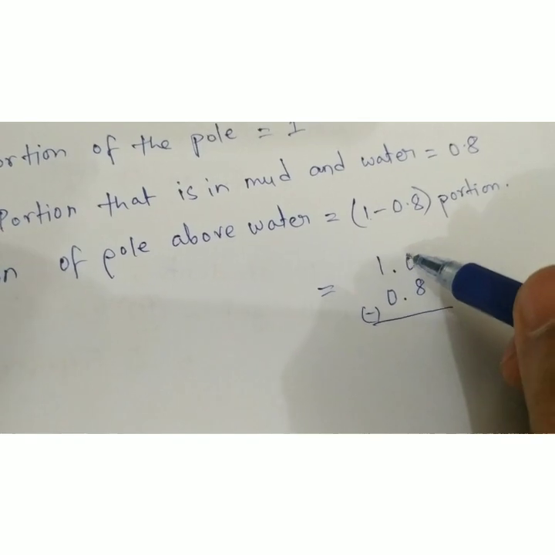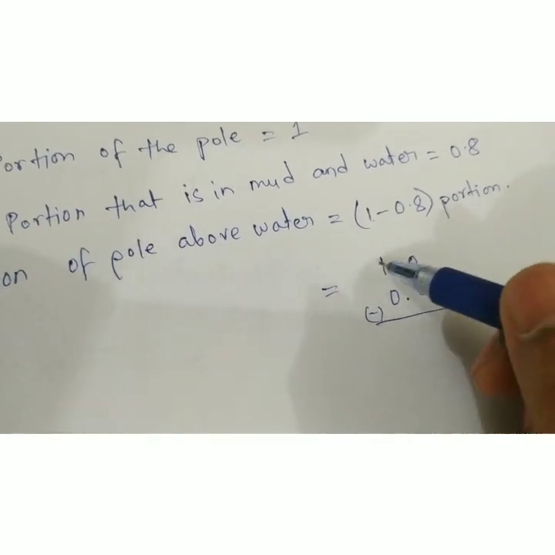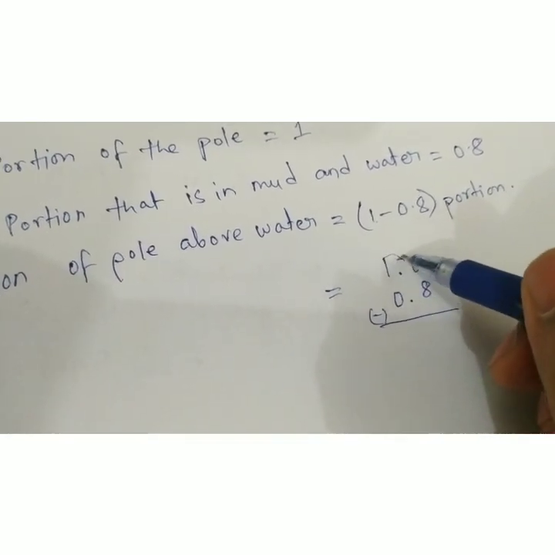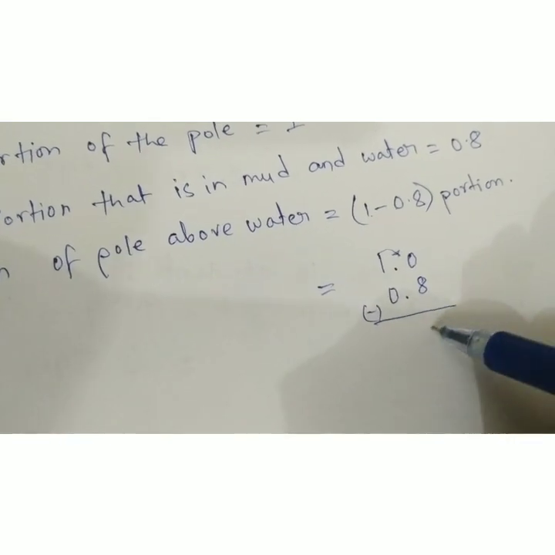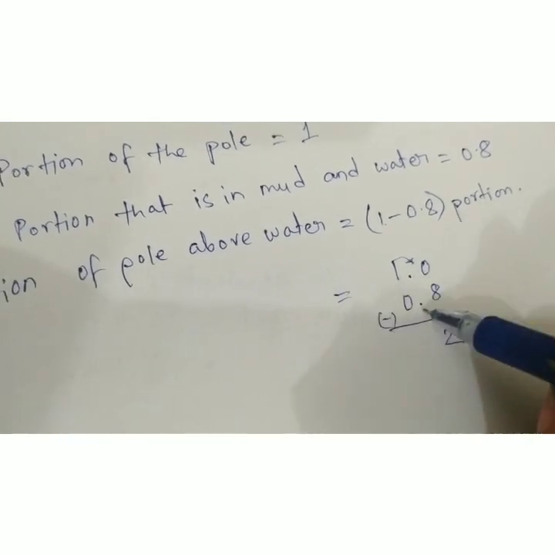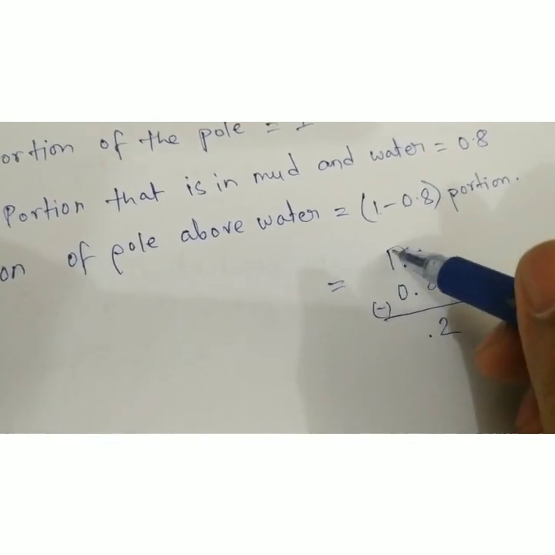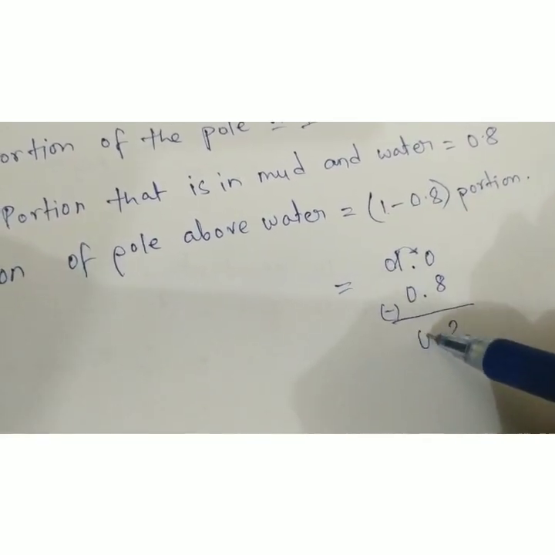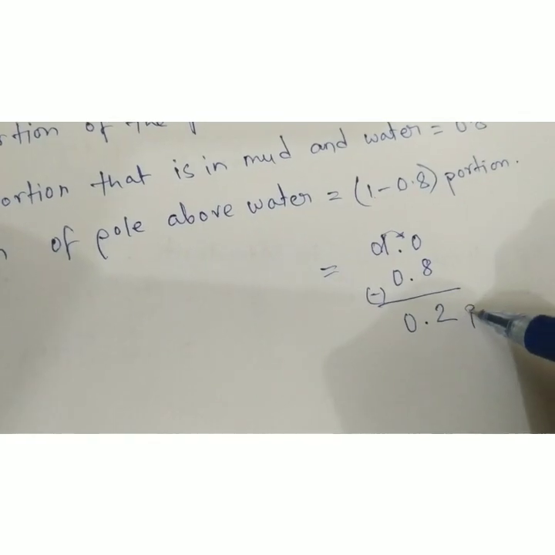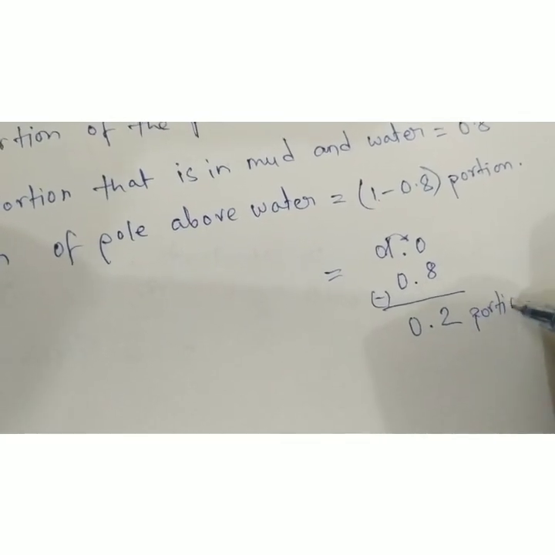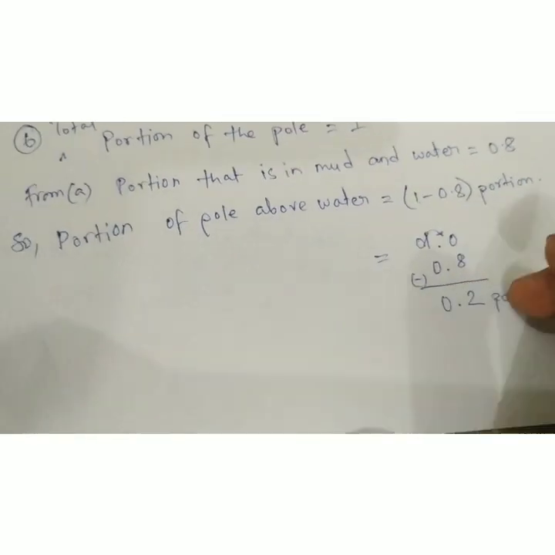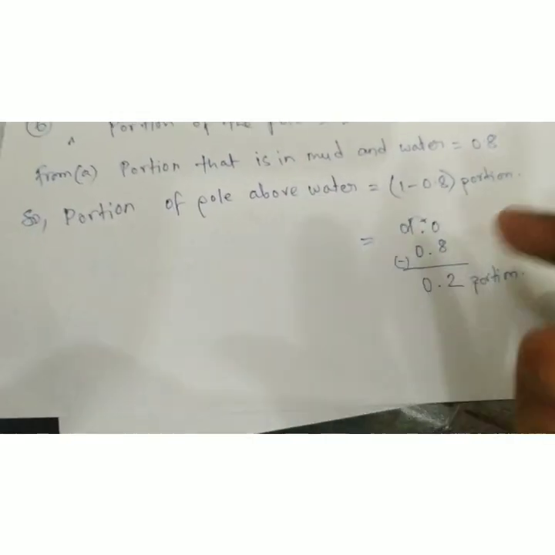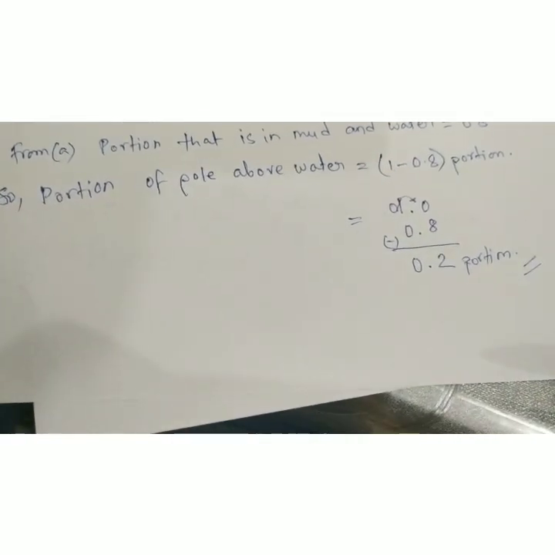Since 0 is smaller than 1, we take this 1 over here, so it becomes 10. 10 minus 8 is 2. Then the point comes over here, then this 1 becomes 0. So 0 minus 0 is 0. So 0.2 portion. So the portion of pole above water is 0.2 portion.